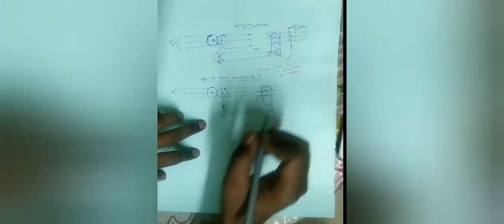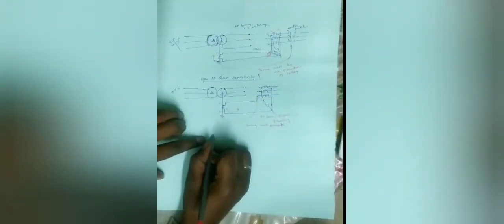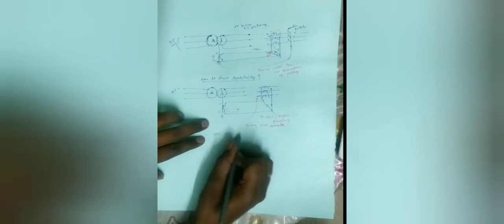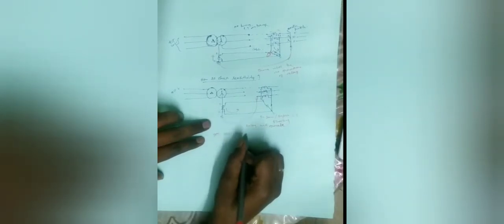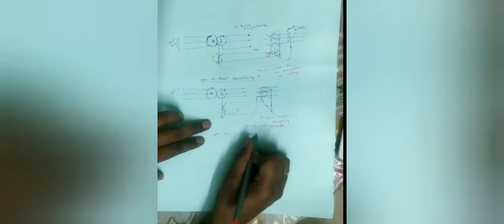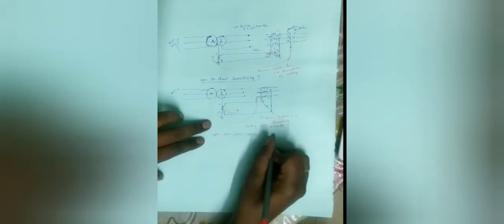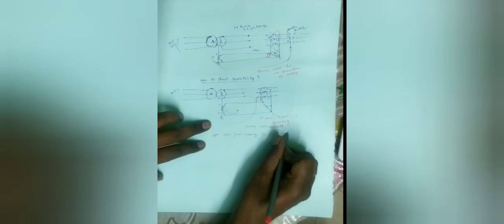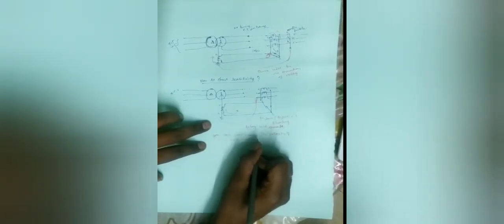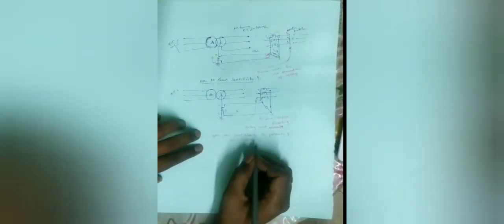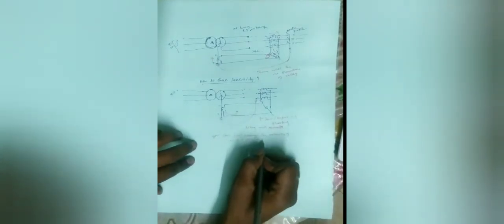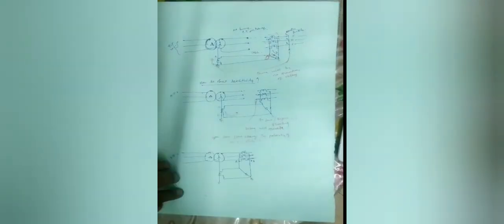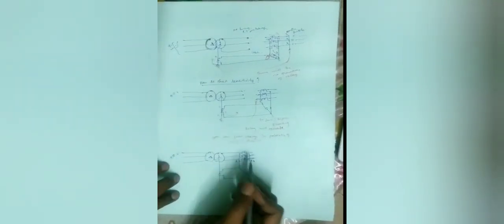Or you can just change the polarity of the neutral CT or phase CT while shorting, while putting the earth switch. If you change the polarity, then automatically it will trip. Consider this case.